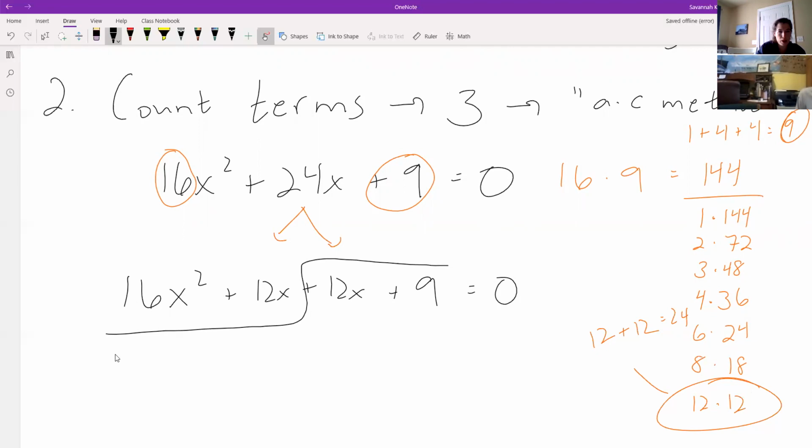And if all goes well, we should be able to pull out a GCF and a GCF and then get matching things there in the parentheses. So carefully, and I'm going to kind of redistribute in my head, make sure that I did that factoring correctly.